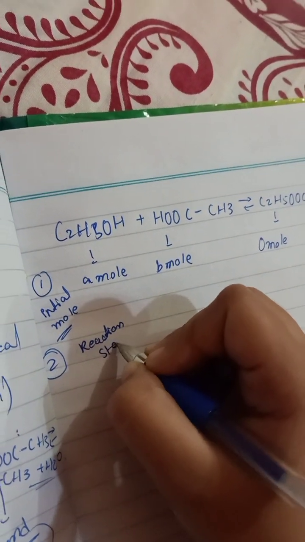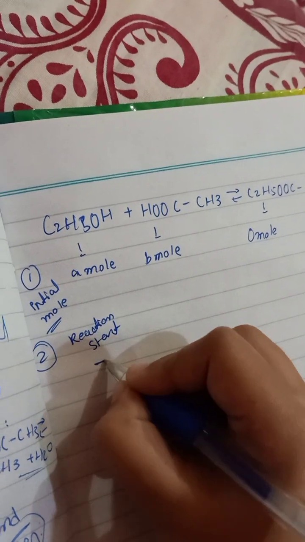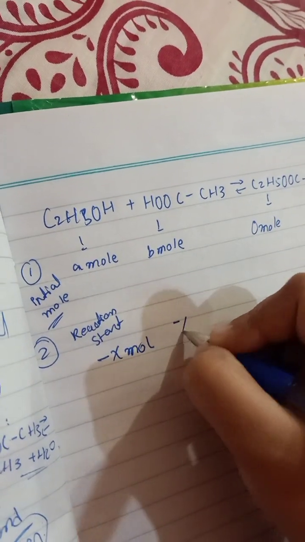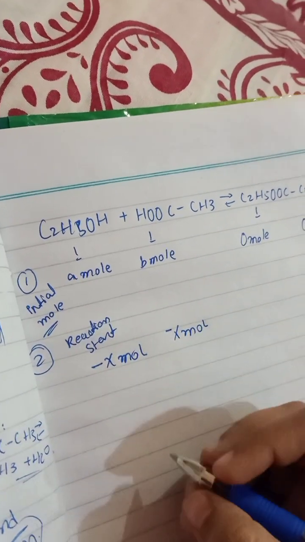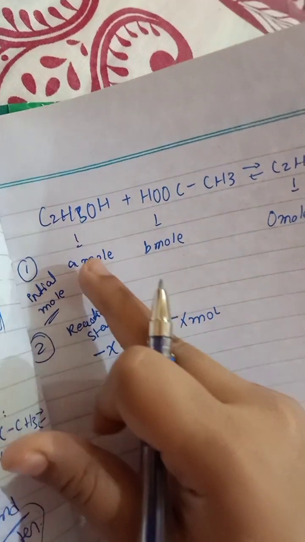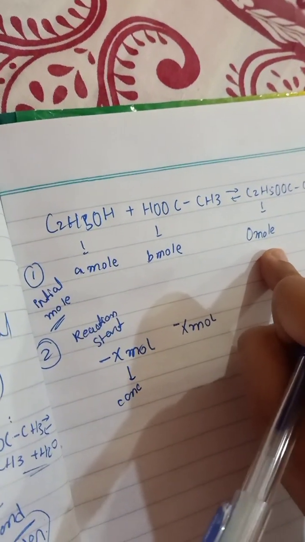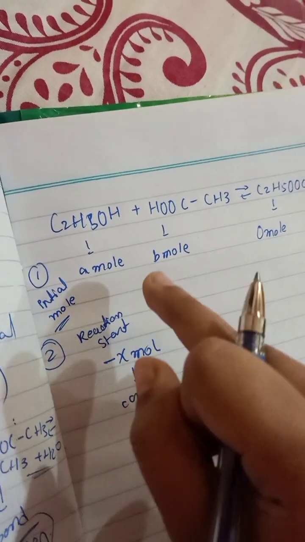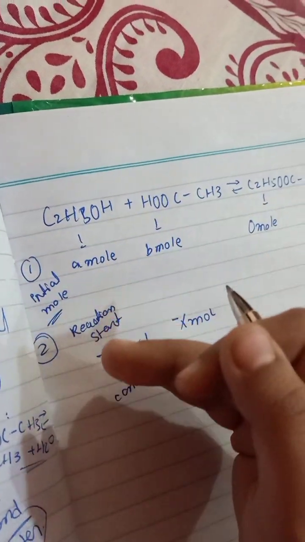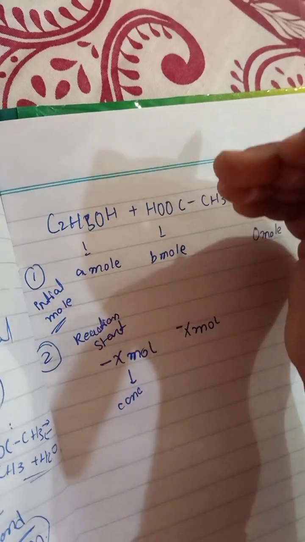starts, so we take minus X mole of this and minus X mole of this. What is X? X is basically the concentration which will move forward. And minus is because when the reactant goes into the product, the concentration will go down and the product concentration will increase.